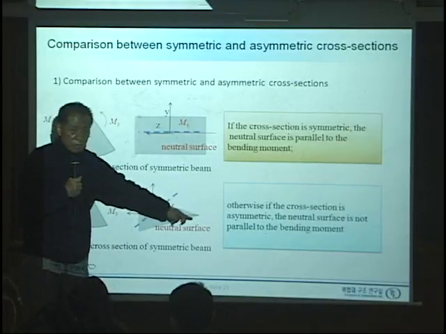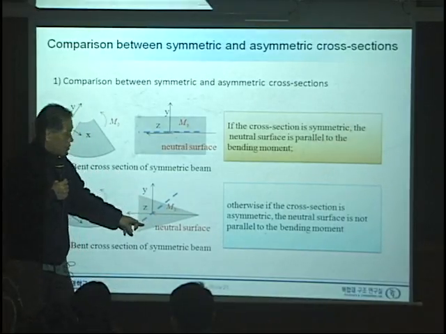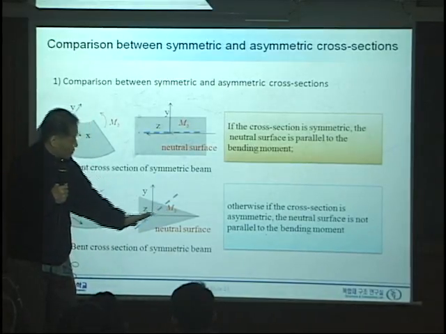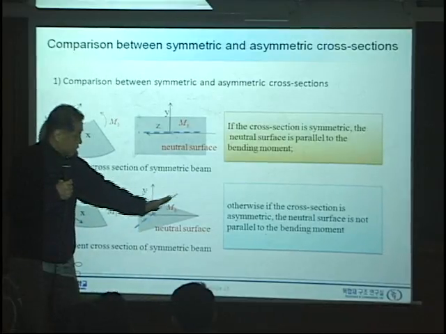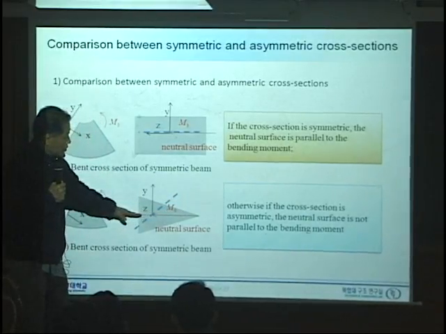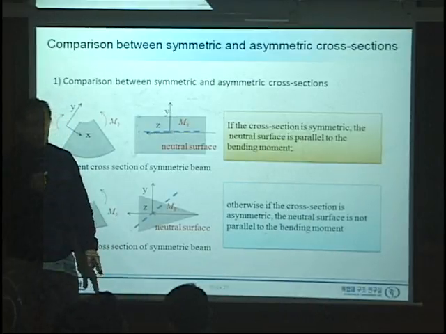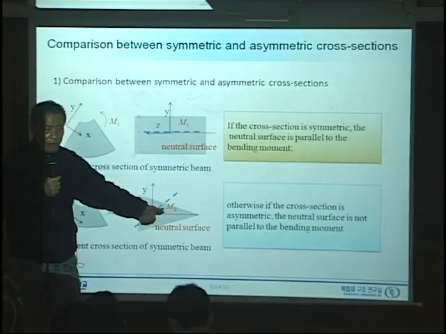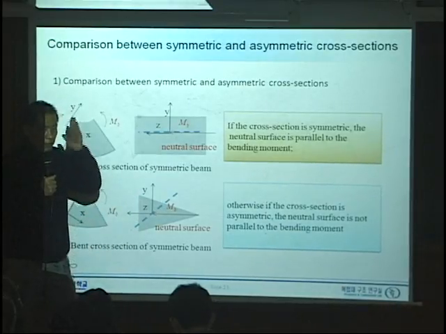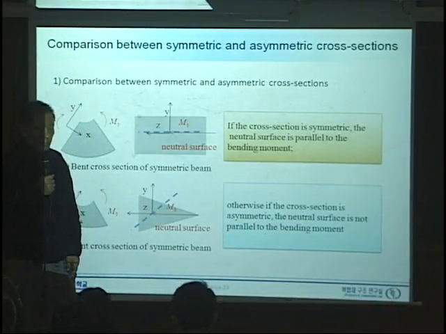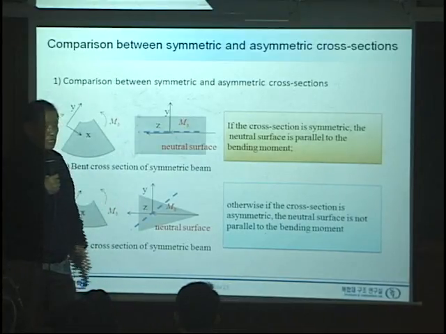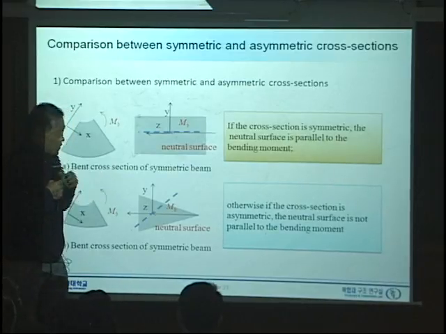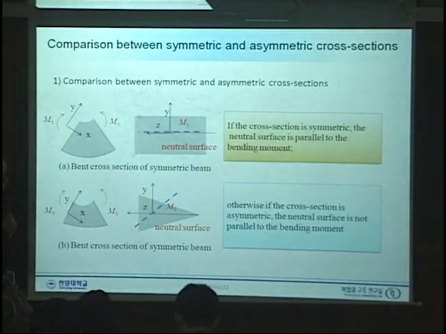So let's say we have a cross-section like that, and moment is applied this way, not just the symmetric axis, but in off-axis directions. And now the bending theory we have studied needs to be modified. And this is a little different subject.